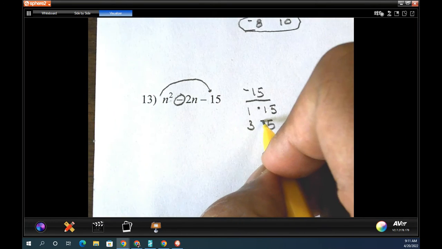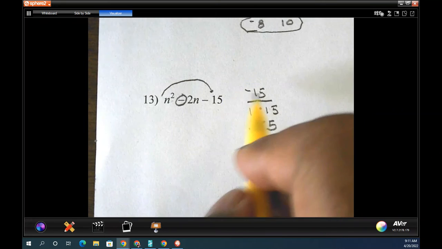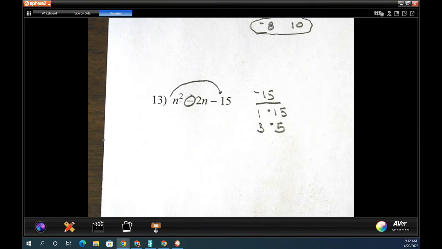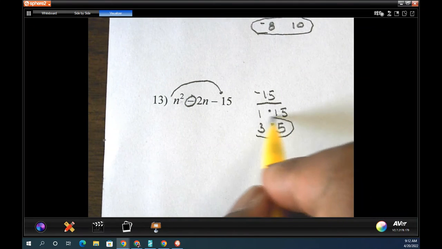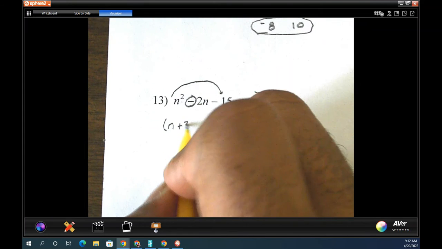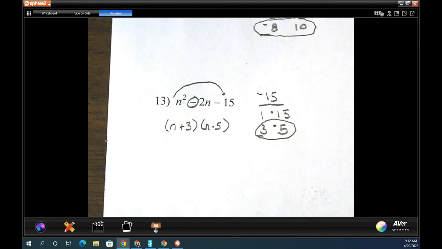So we make those negative. Now, a negative times a positive is a negative. And we got negative 15 up here. We're good. Our signs are good. Now, which two factors add up to negative 2? 3 and negative 5. So our answer here would be n plus 3 times n minus 5. There's your answer.